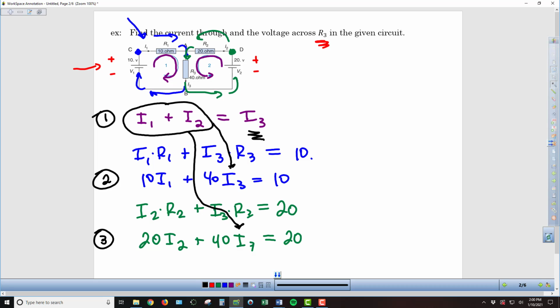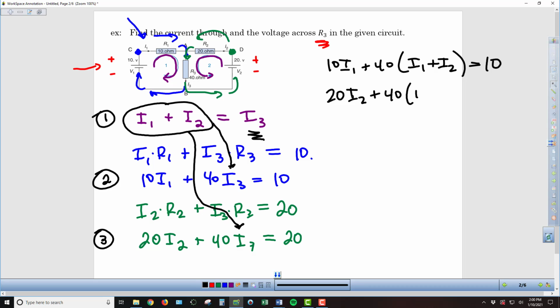So equation 2 is going to become 10I1 plus 40 times (I1 plus I2) equals 10. And then the second equation is going to be 20I2 plus, again, same thing, 40(I1 plus I2) equals 20.